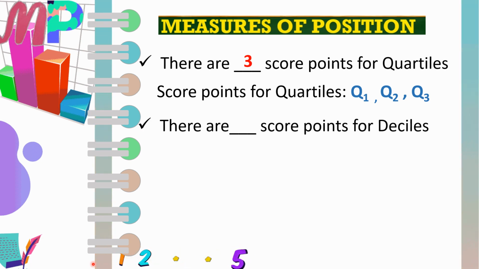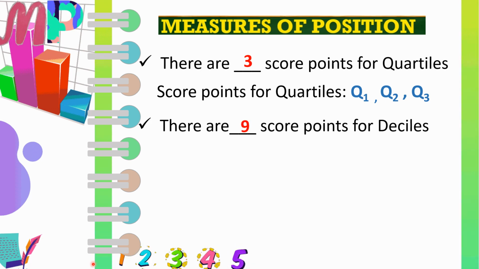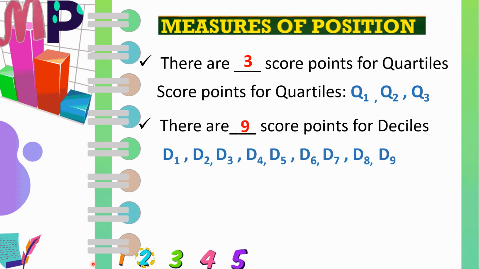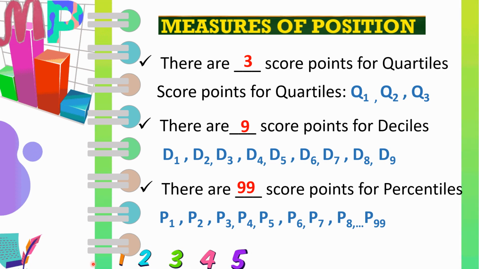How about for deciles? That's good. There are 9 score points for deciles. These are D sub 1 up to D sub 9. And the last, for the percentiles, how many score points are there? Good. There are 99 score points. These are P sub 1 up to P sub 99.